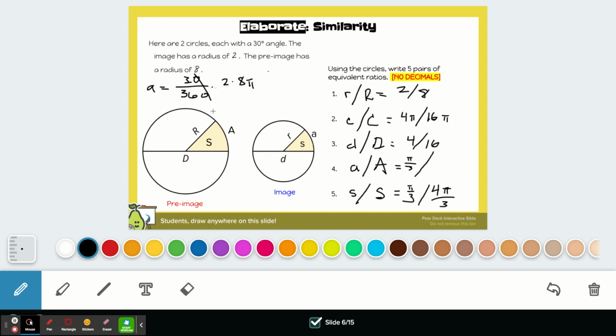Which will give me 16. And then you multiply 16 times 3, 4 over 3, right? And so I was mistaken. This one is 16 pi over 3. So 64 times 3 divided by 36 will give you 16 over 3 pi. 16 pi over 3, right? So these are all the answers for this slide.